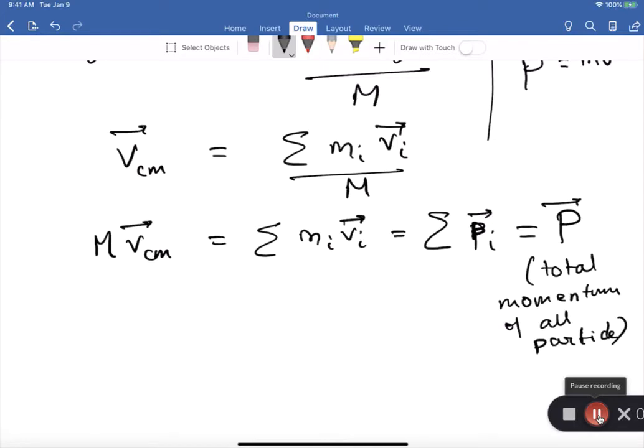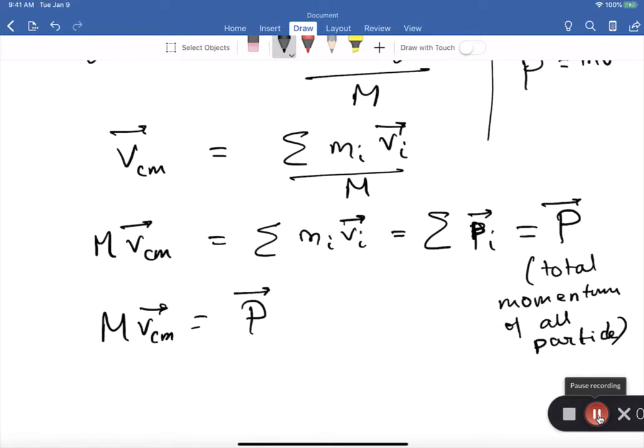So what does this equation tell us? The equation that we just derived is M vcm equal to the total momentum of all the particles in the system. So as far as the total momentum is concerned, if you just consider a hypothetical particle of mass capital M moving with velocity vcm, that would have the same total momentum as the entire system, right?